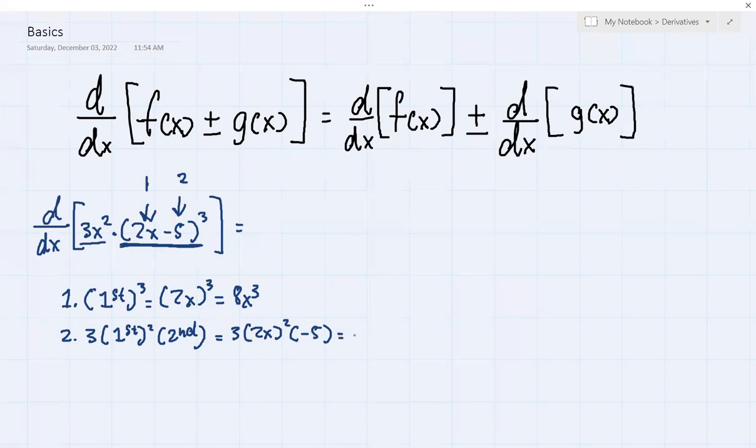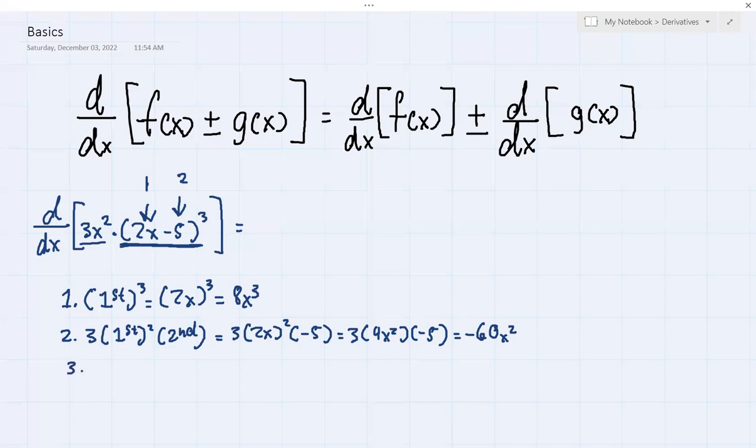So, square mo si 2x, magiging ano to? 4x squared. Now, we can multiply them. 3 times 4x squared, this is 12x squared. Times negative 5, this is negative 60x squared.